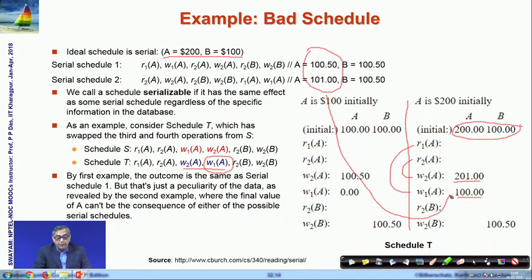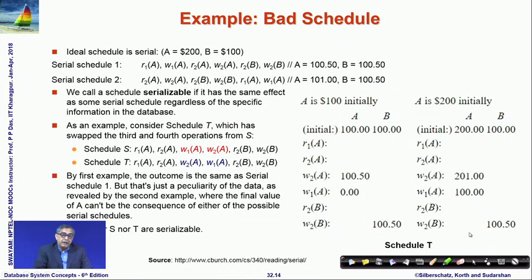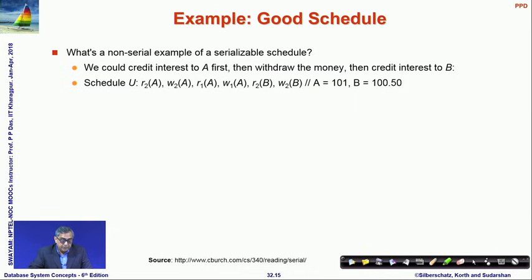It can either be 100.50 or it can be 101, but you have got a value of 100. So, even though with some data a schedule might look serializable, it actually is not, and it needs to be properly established that a schedule is serializable. So, neither S nor T are serializable.